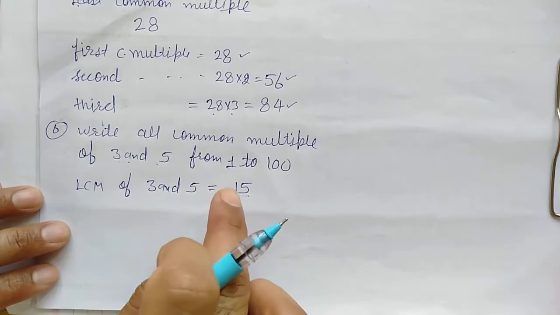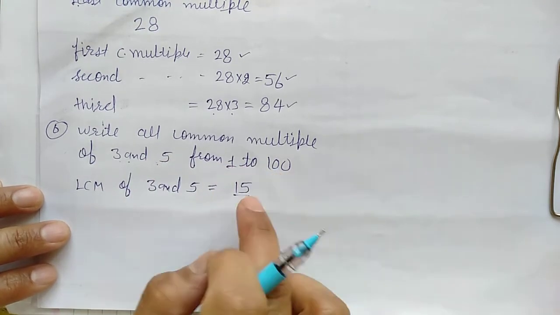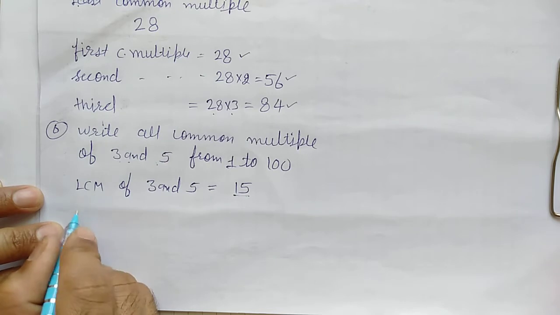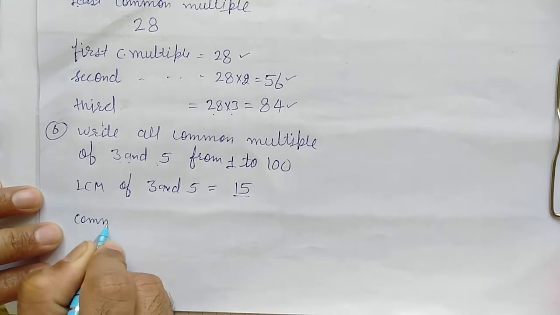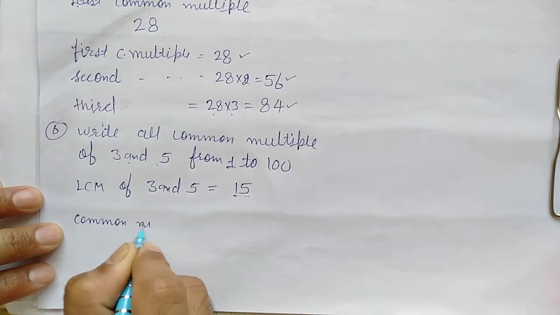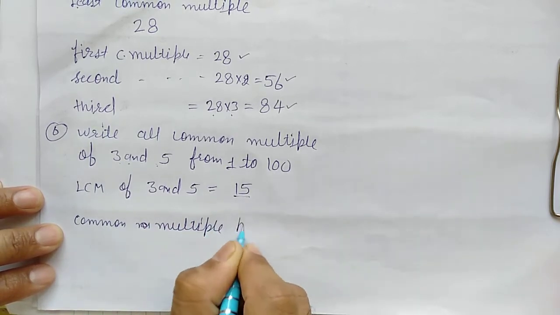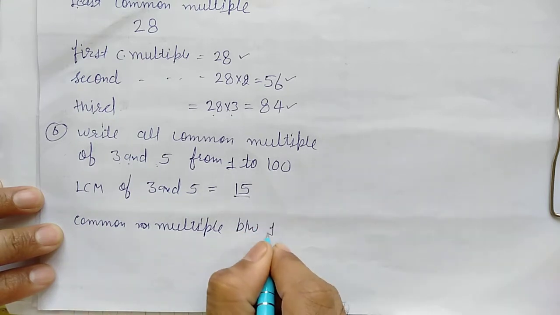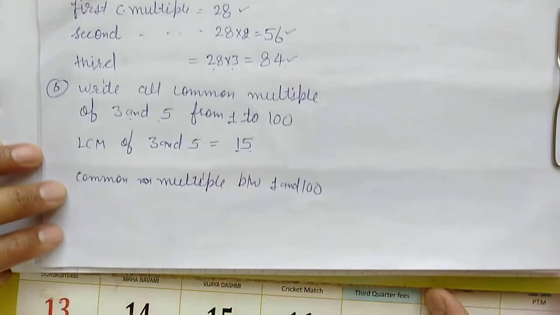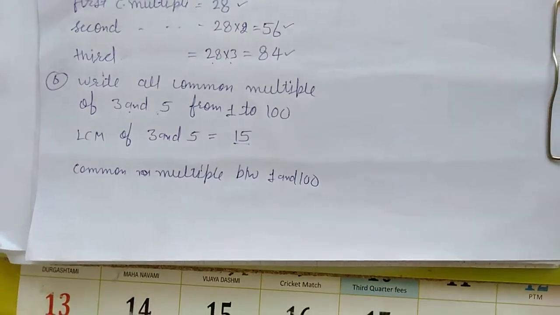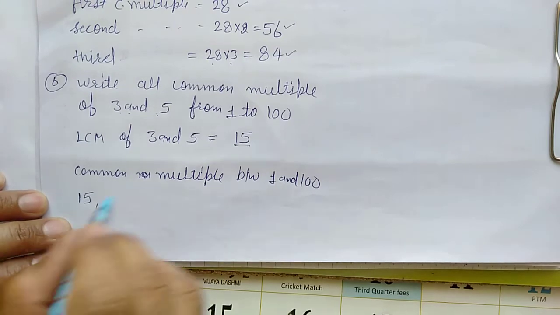So we have to find all common multiples between 1 and 100. Right? So first one is 15.